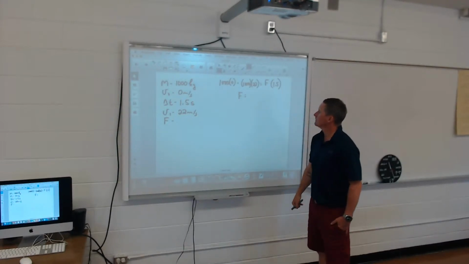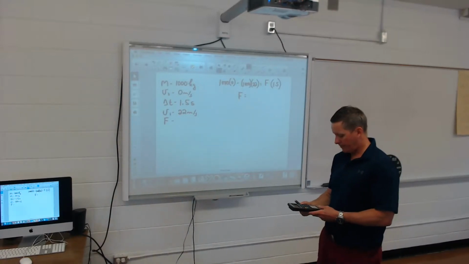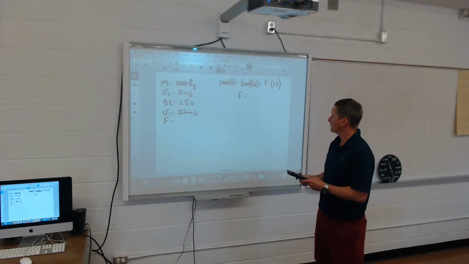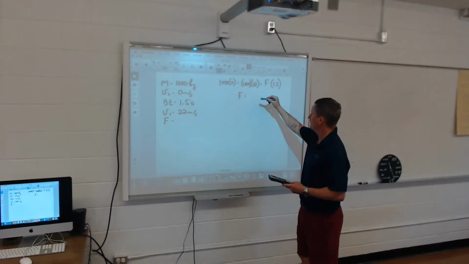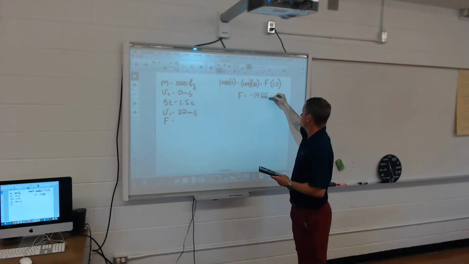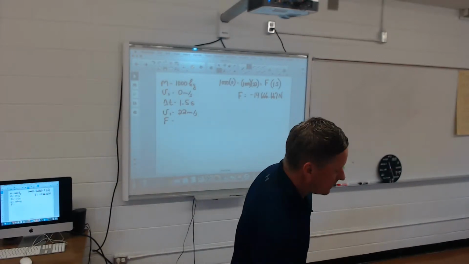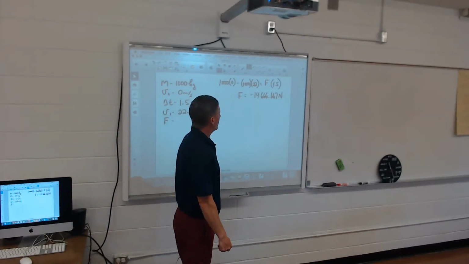Force equals minus 22,000 divided by 1.5. So that is the amount of force required to stop that vehicle from 22 meters per second in 1.5 seconds.